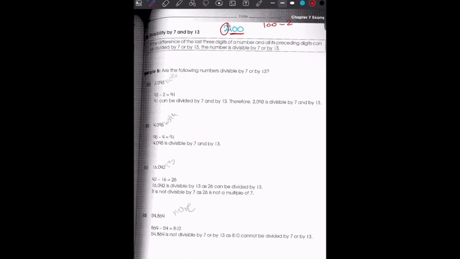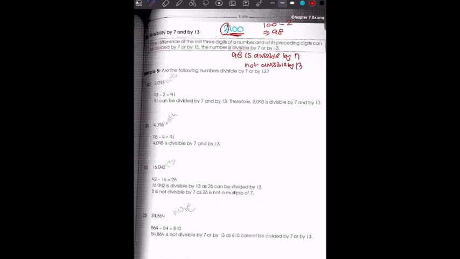And so the difference is going to be 98. And 98 is divisible by 7 because 98 divided by 7 is going to be 14. And for 13, we're going to see if 98 is divisible by 13, and 98 is not divisible by 13, so we're going to say not divisible by 13.